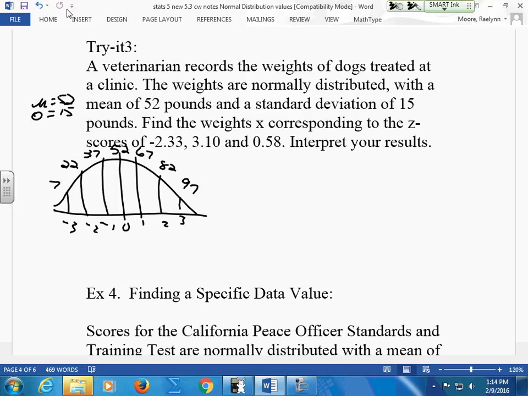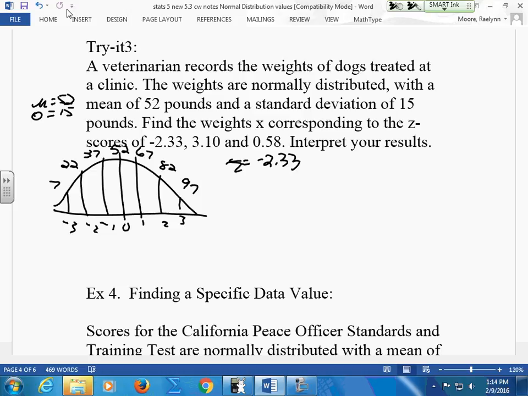Okay? All right, so find the weight that corresponds to a z-score of negative 2.33. Give me an estimate of what this x value should be. 18? Okay, 18 works for me.